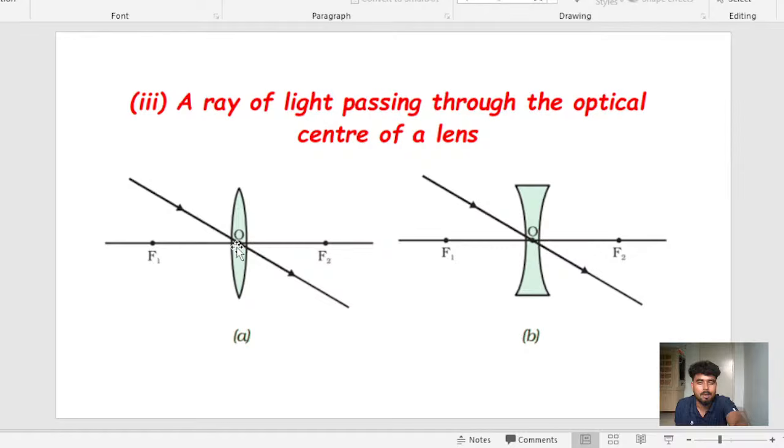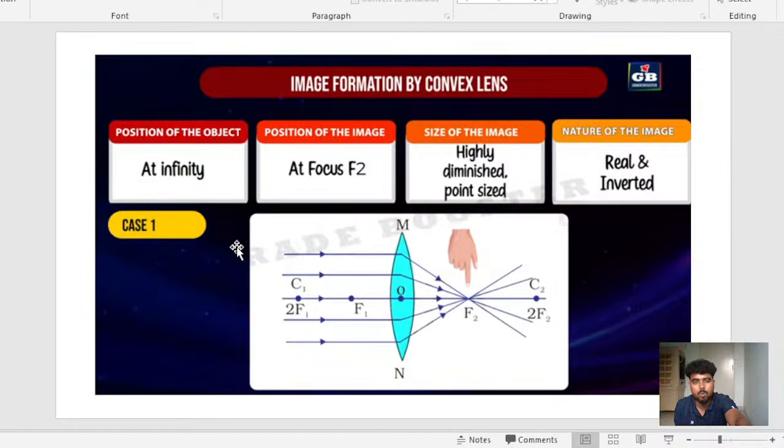Okay, I think you are good in these three ray diagrams. We'll go to the next case studies. First case study. What is meant by converging? All the points meeting at the same point is known as converging, right? When a ray of light parallel to the principal axis passes through the focus, where will the image be formed? The image will be formed at the focus. That's all. Finished. Easy, right?